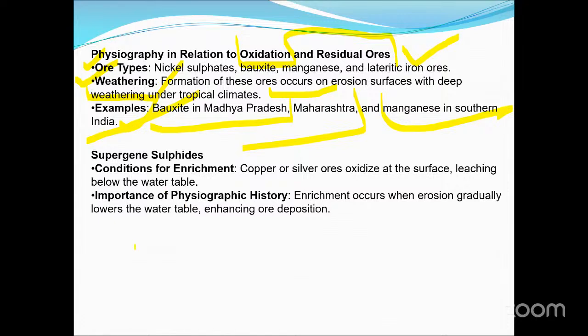Supergene sulfides are the conditions for enrichment. Copper or silver ores oxidize at the surface of the earth, or leach below the water table, forming supergene sulfides.